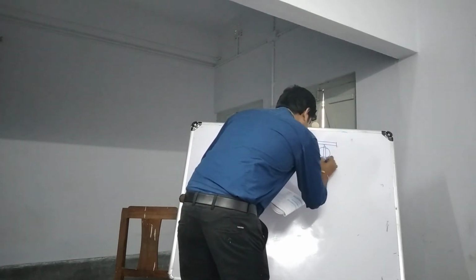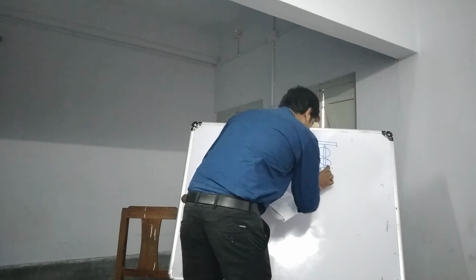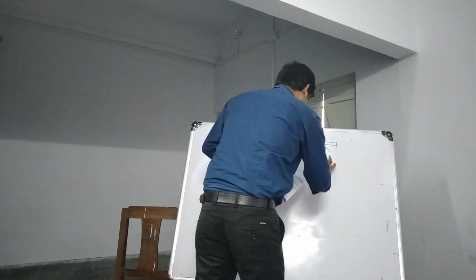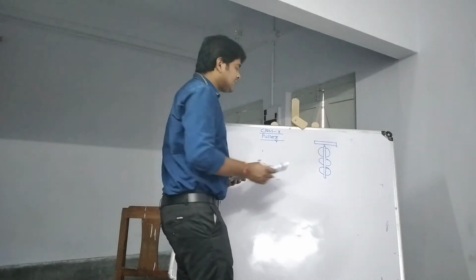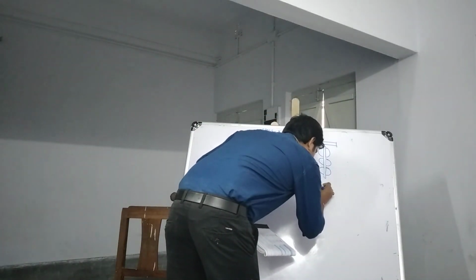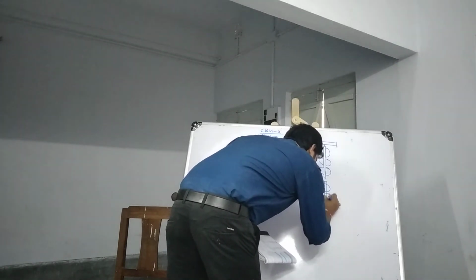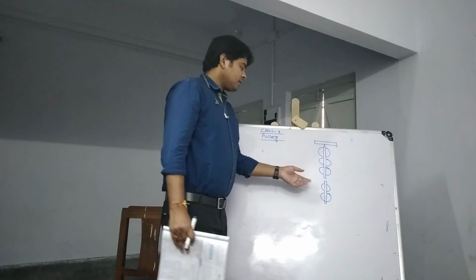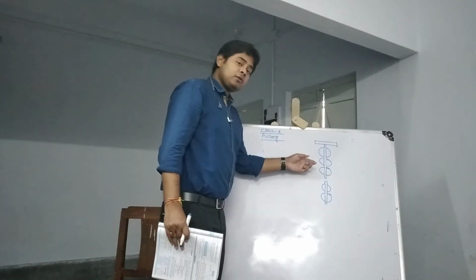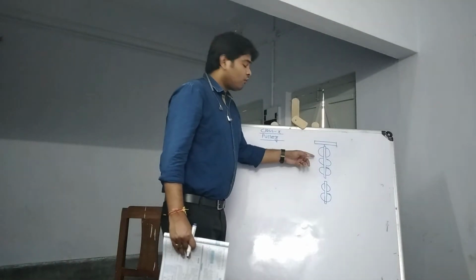One, two, and this is 3. There are 3 pulleys in the upper part and 2 pulleys in the lower part. Look at it. We cannot take more pulleys in the lower block compared to the upper block. We always take equal or one more in the upper part.